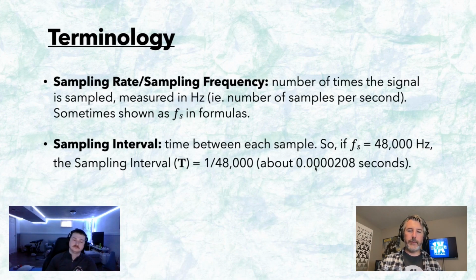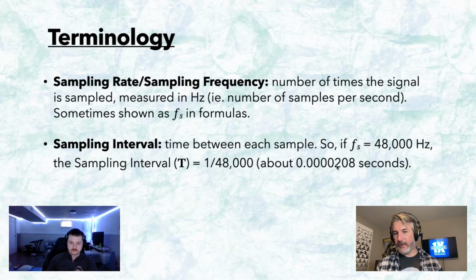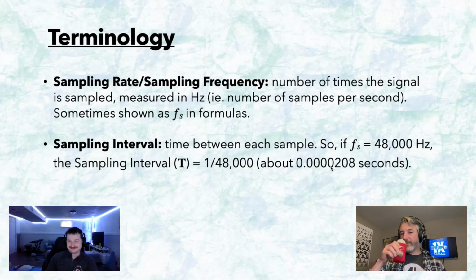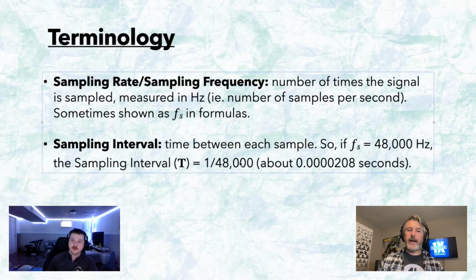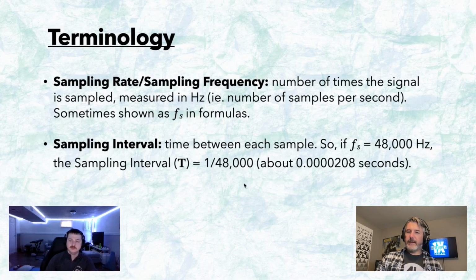So we're talking about, I don't know, Colin, you tell me, microseconds? Milliseconds? It's milliseconds. It's a very small amount of time between each sample, which makes sense because the frequency is 48,000 samples per second. So that's very fast.